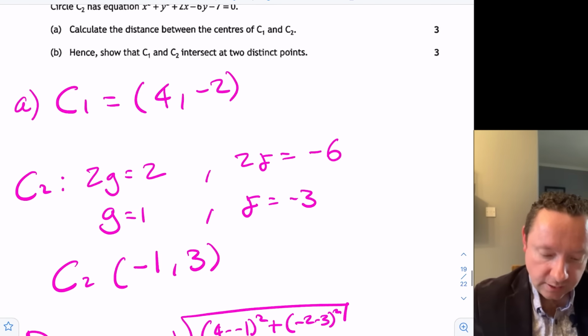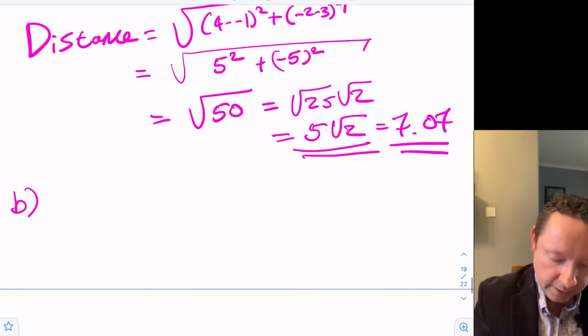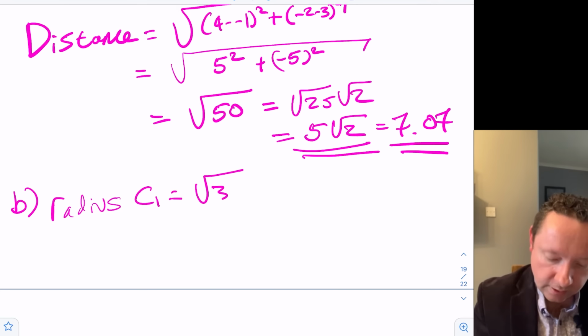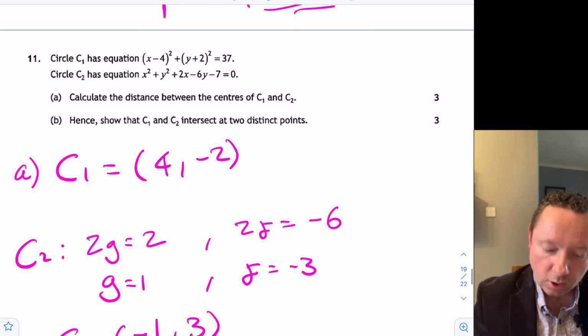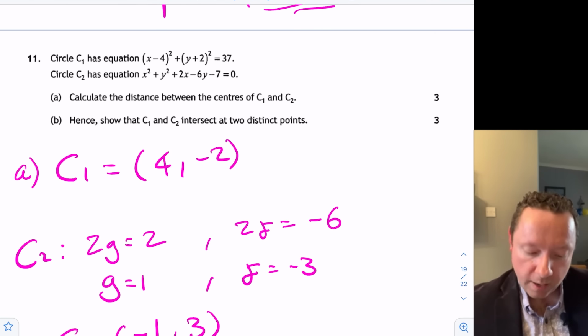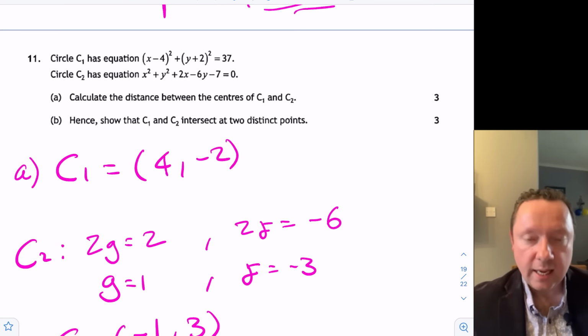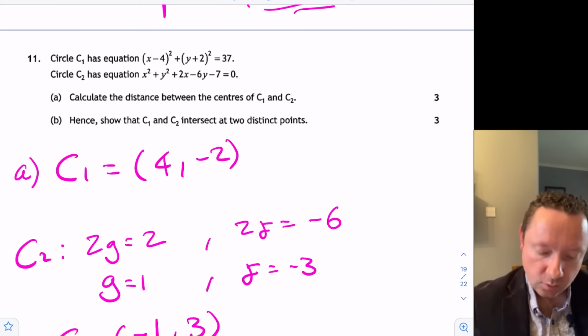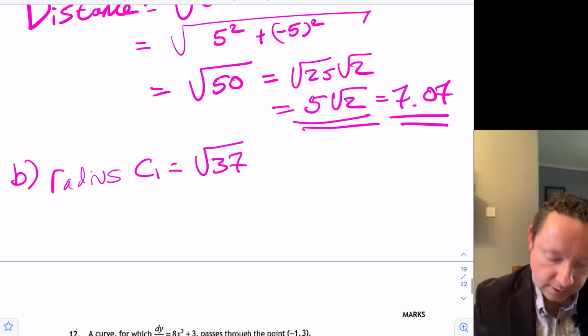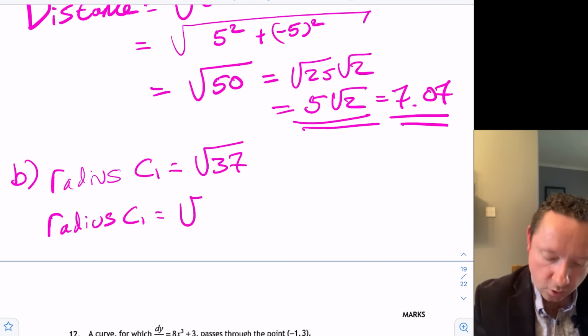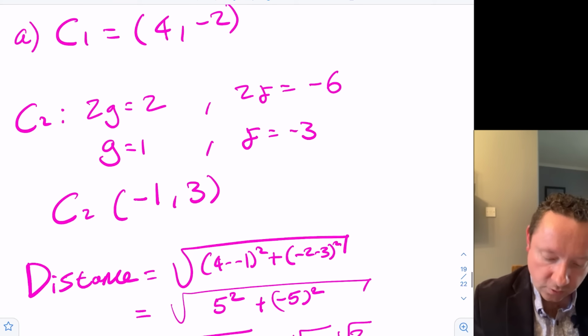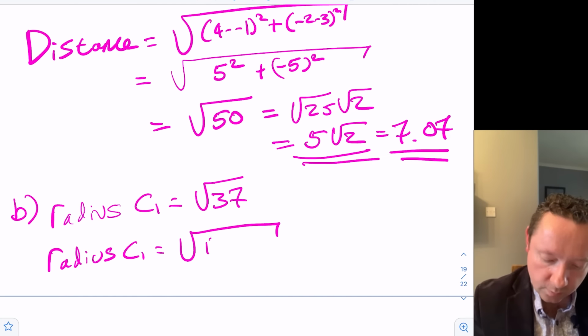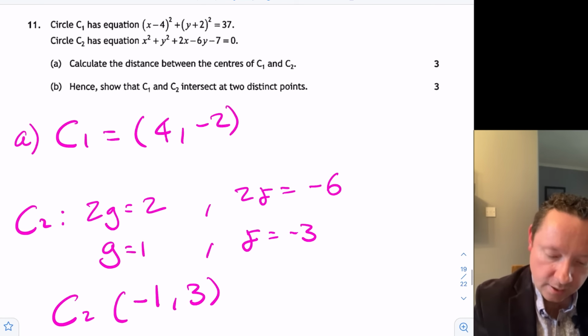So I'm going to need the radiuses of C1 and C2. The radius of C1 is equal to the square root of 37, because it equals r squared. The radius of C2 is given by the square root of g squared plus f squared minus c. So the radius of C2 is equal to the square root of, remember our g and f were 1 and minus 3, so it's just 1 squared plus minus 3 squared, take away c, which is the number on the end, minus minus 7.